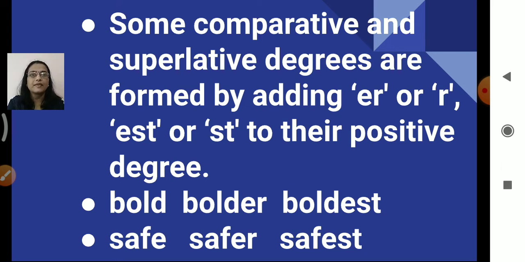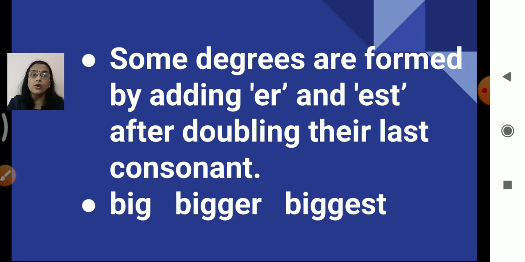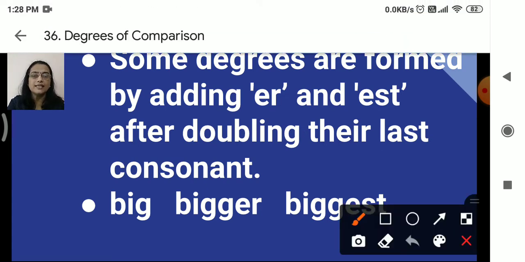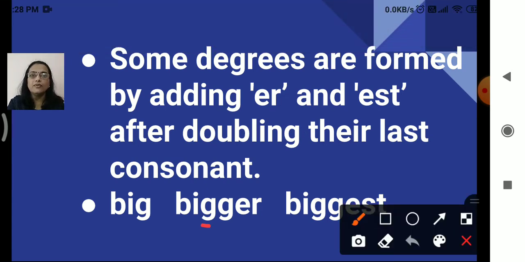Then some degrees are also formed by adding er and est after doubling their last consonant. In the example, big, what have we done here? We doubled the last consonant, so double g, er.